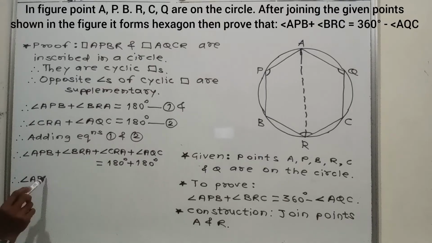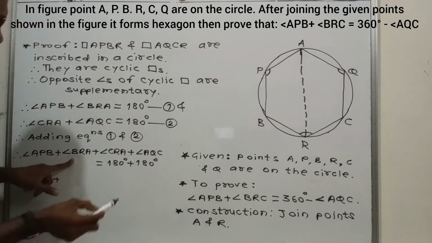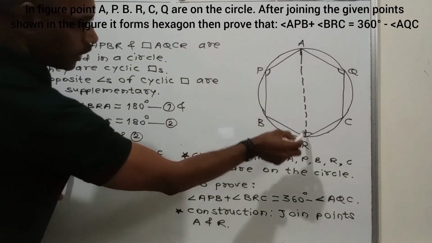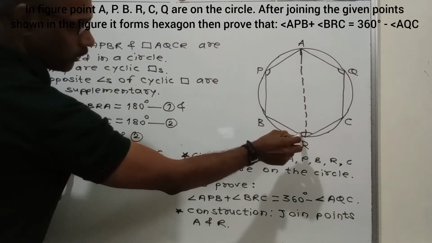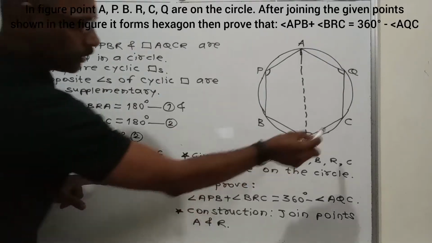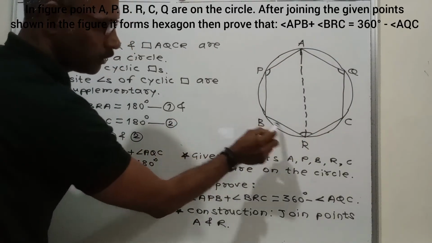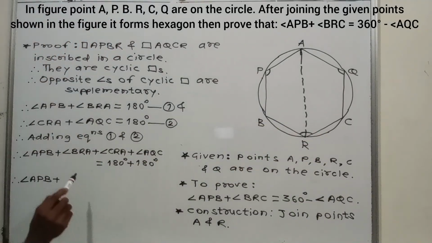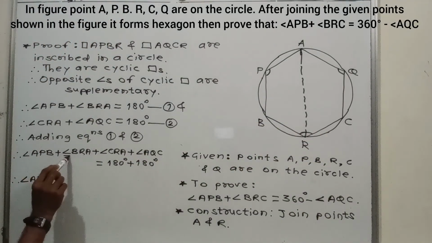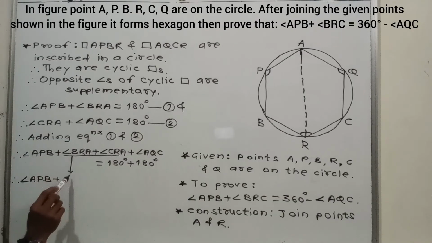Now, therefore, angle APB plus, see this, angle BRA plus angle CRA means angle addition property for these two angles. From these two angles we obtain angle BRC. Did you get it?